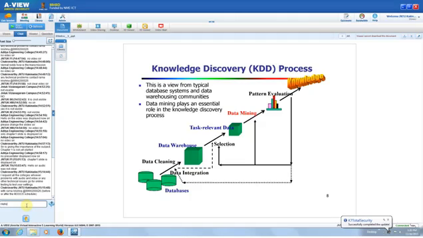So you have to identify on what basis you want to extract the knowledge. You should have a specific targeted subject on which you want to extract the knowledge. That is first.